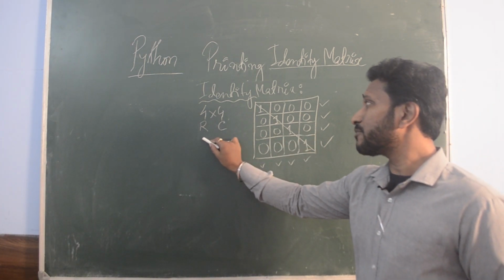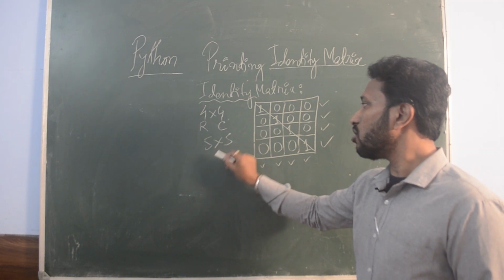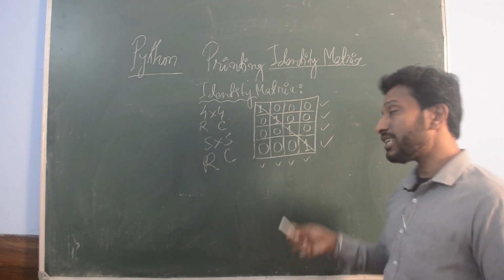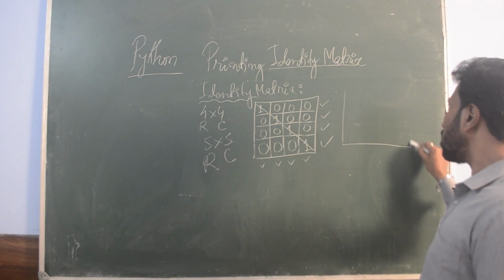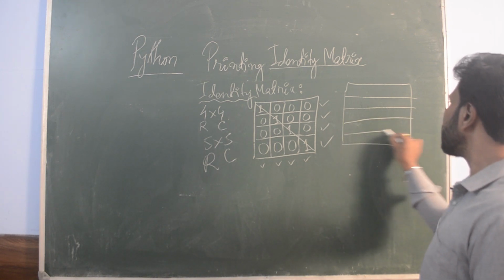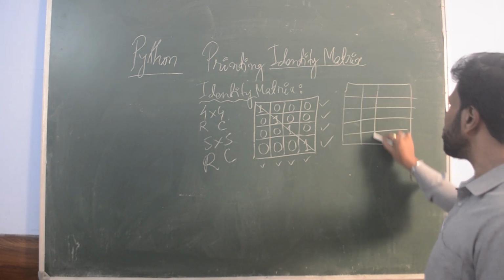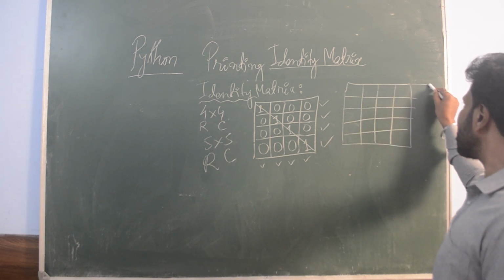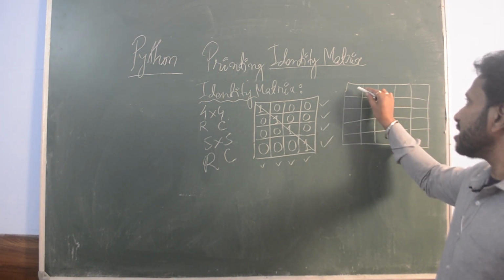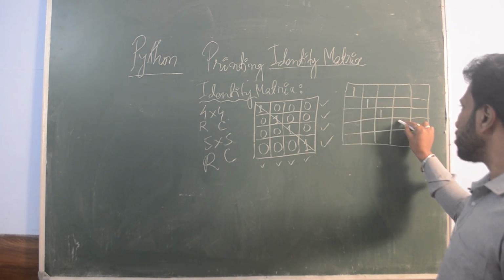Suppose if it is 5 cross 5 or 5 rows and 5 columns, in that case it will be like this: 1, 2, 3, 4, 5, and here also 1, 2, 3, 4, and let it be the fifth one. In this case it will be 1, 1, 1, 1, 1.